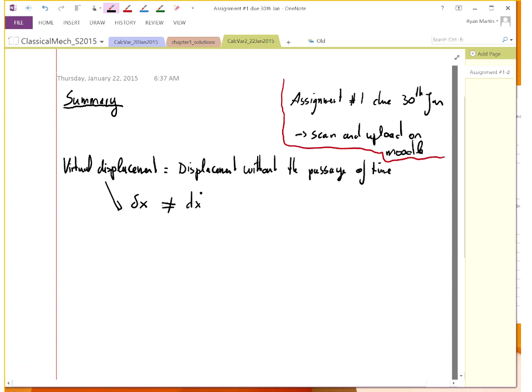So the varied x is a different function than the original x. So dx brings you further along the function as a function of time, whereas delta x brings you to a new function.